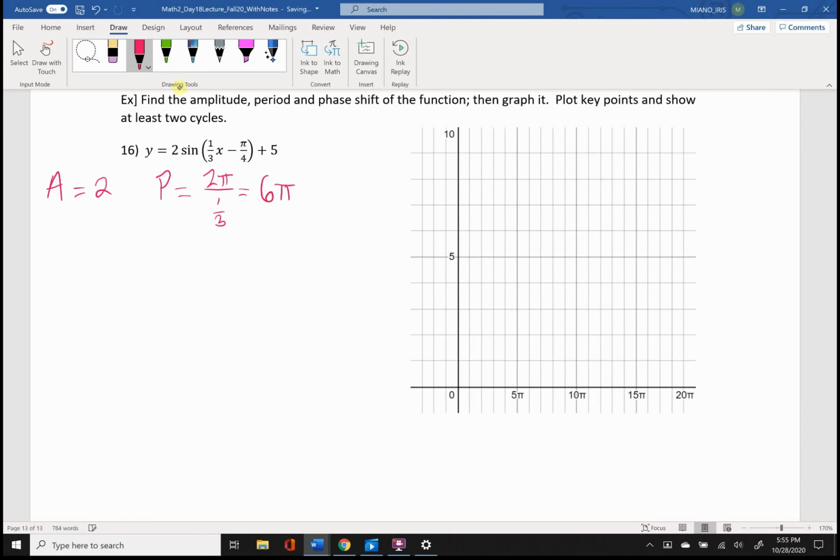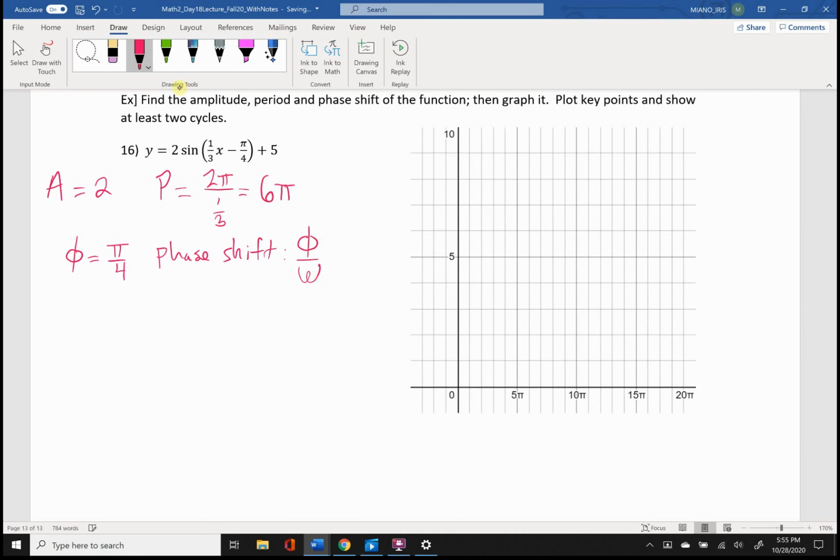And so now we get to deal with this little bit right here. This pi over 4 is our phi, but that's not the phase shift. The phase shift is phi over omega.